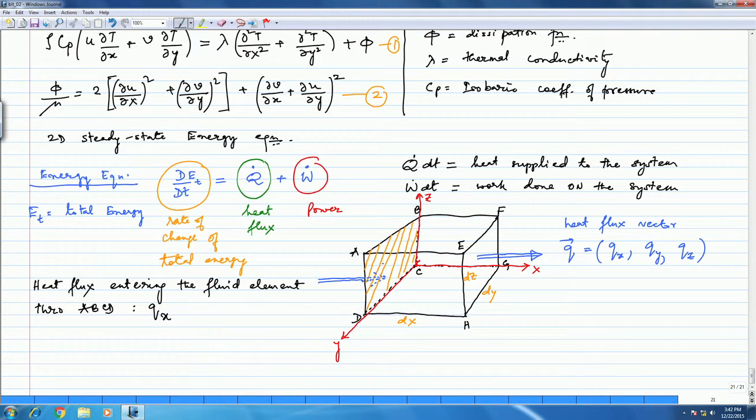So what is entering here is essentially Qx, okay, and what is leaving through the face EFGH, right? What is leaving through that?